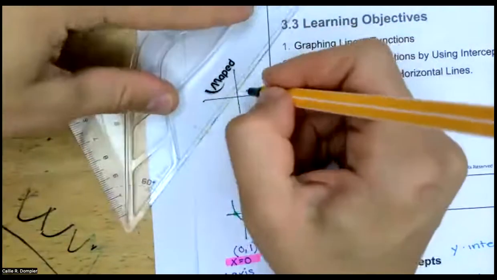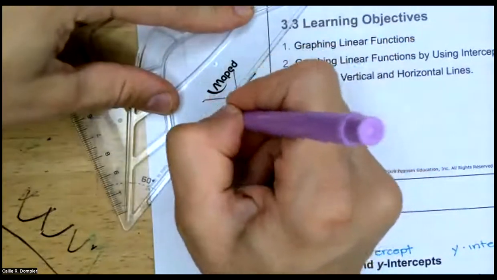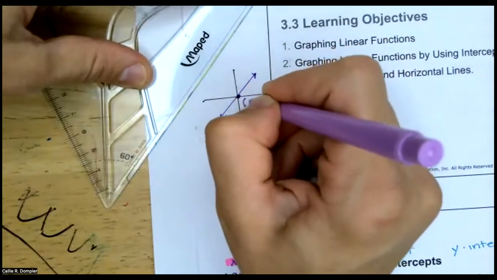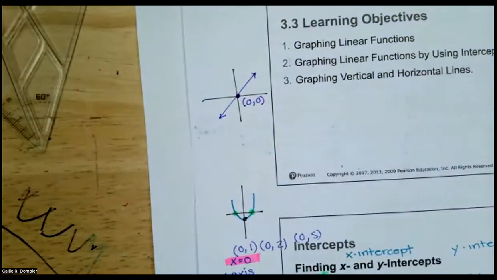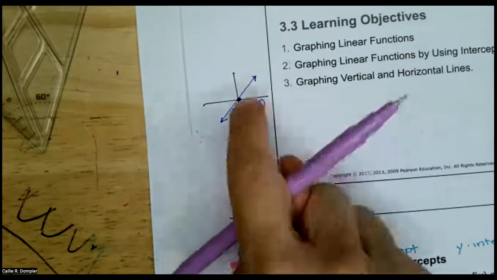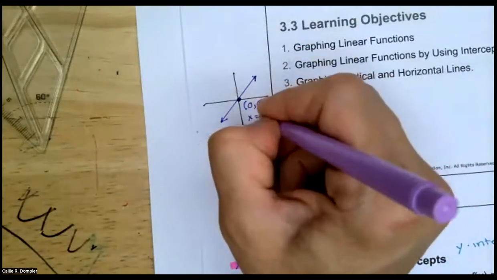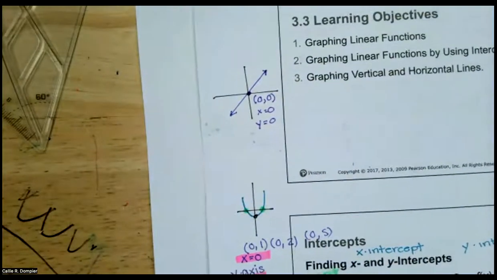And if you have something that looks like this graph, there will only be one intercept. It will just be 0, 0. Okay, that is possible. That is both the x-intercept and the y-intercept, because x is 0 for this one and y is 0 for this one.